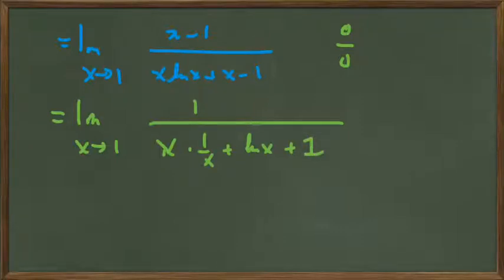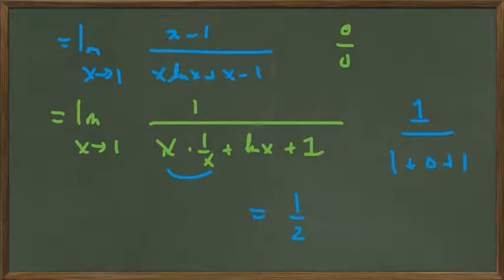And what happens if we let x go to 1 now? In the top we get 1, and in the bottom this term is a 1, and this term is a 0, and this term is a 1, and so we've got 1/2, and we finally get a result.